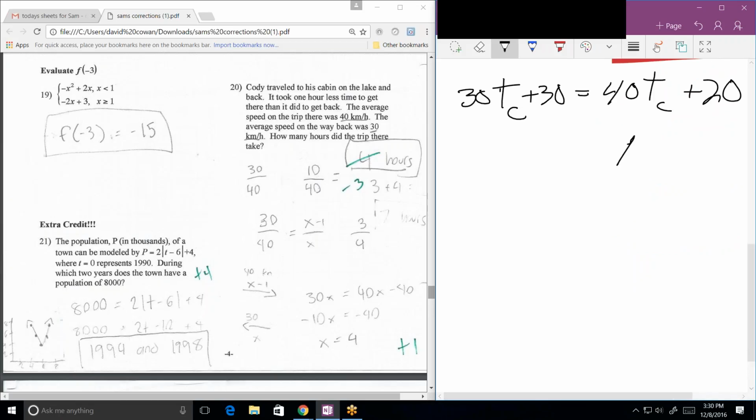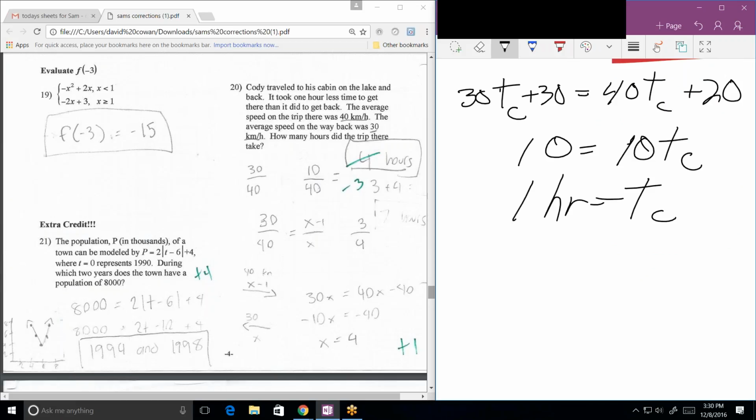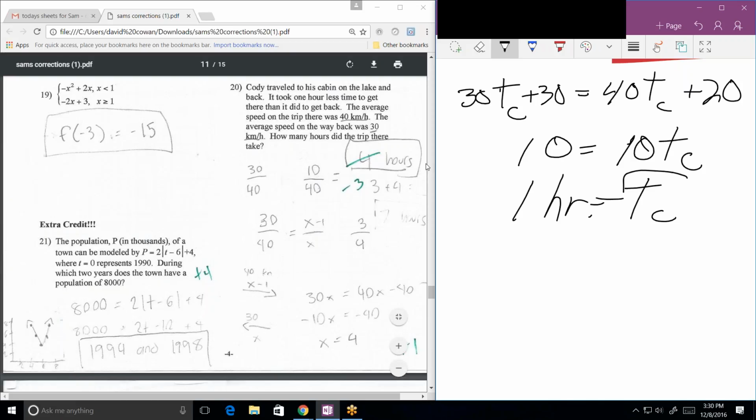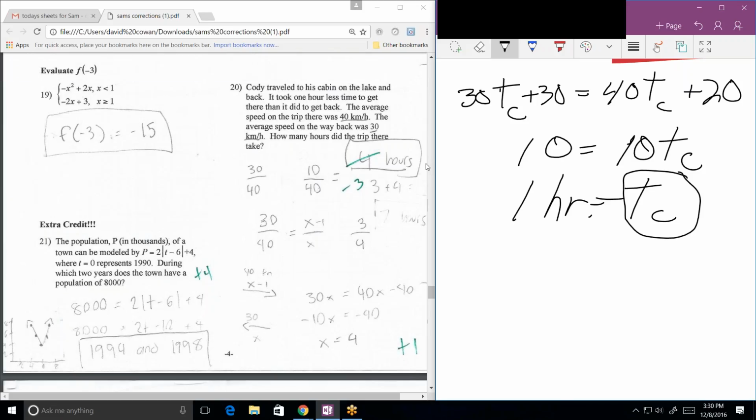I got 10 t sub c equals 10. So the time it took to get to the cabin is 1 hour. How many hours did the trip take? How many hours did the trip there take? Well, that's t sub c. 1 hour.